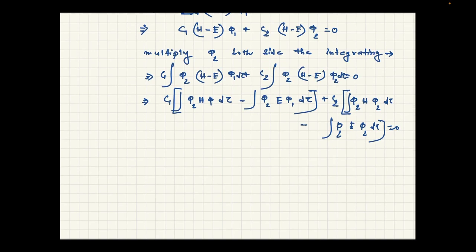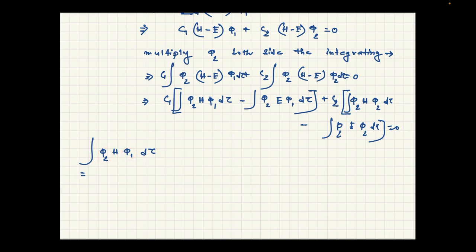Now let's analyze each individual term. You are getting a term like phi 2 H phi 1 d tau. What does this mean? This is the Hamiltonian operator, and this is phi 2 and this is phi 1. So this is the average energy, or interaction energy, between phi 1 and phi 2.